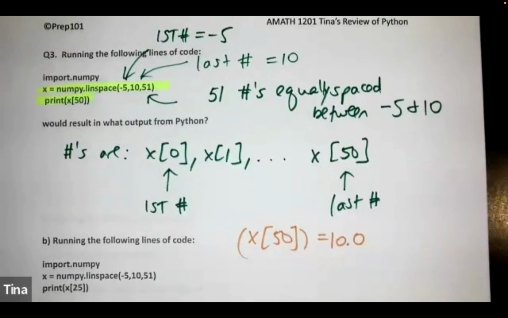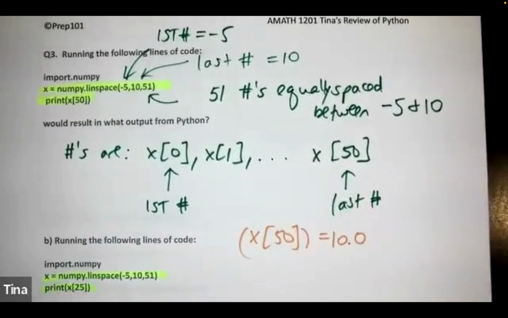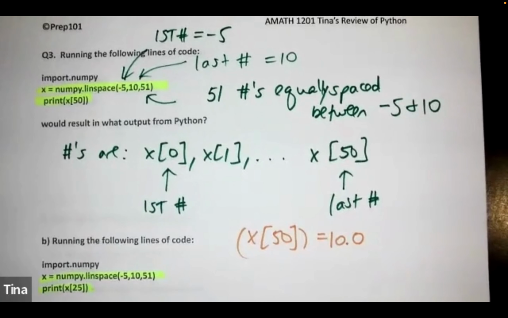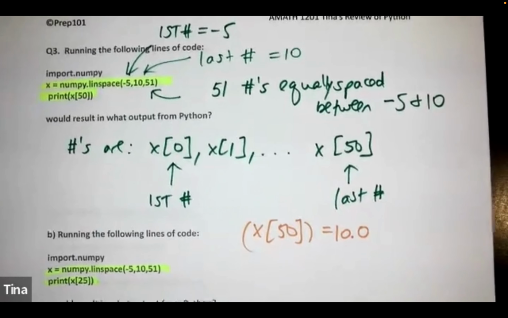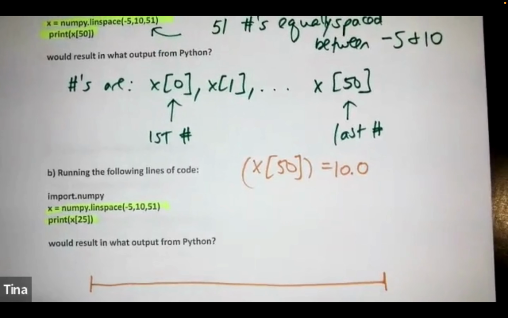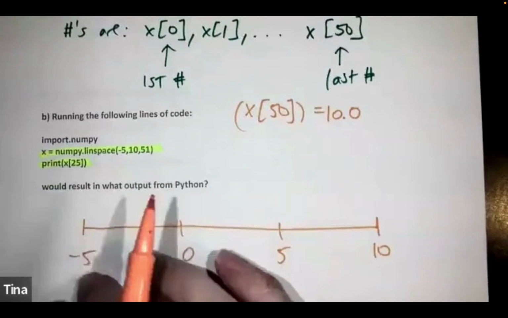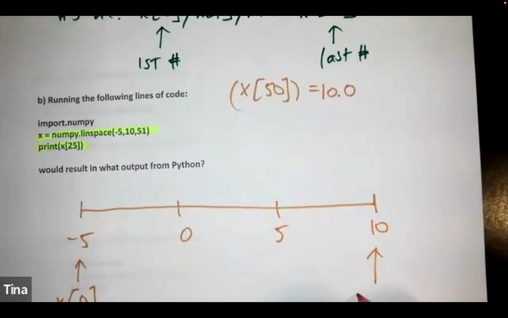Now, if they wanted instead, same set, but they want x of 25, well, we're equally spaced between -5 and 10. So if we think about our number line, we've got from -5, 0, 5, 10. Those are all supposed to be equal, okay? So this is our first number, and this is our last number.